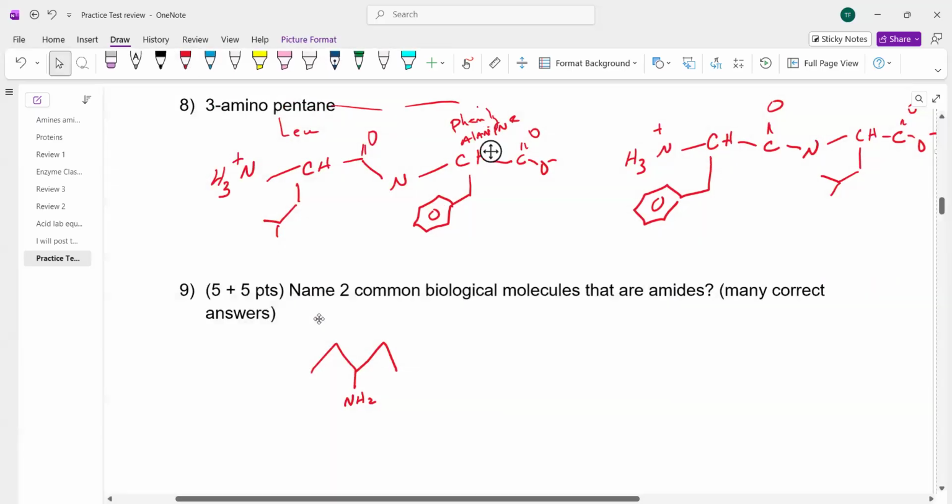Okay. Two common biological molecules are amides. There's a whole bunch of them. There's a question.